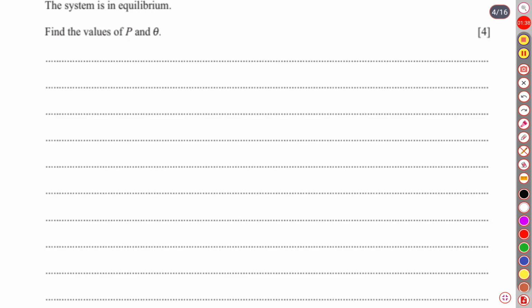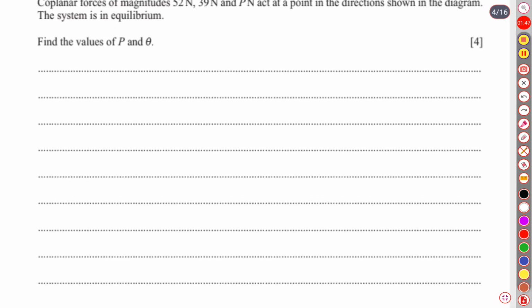Let me change the color of the ink. Well, if we resolve the forces horizontally, we will show the symbol for horizontal forces. And we are going to apply the most widely used concept of motion law of Newton. So driving force minus resistance force is equal to mass into acceleration.